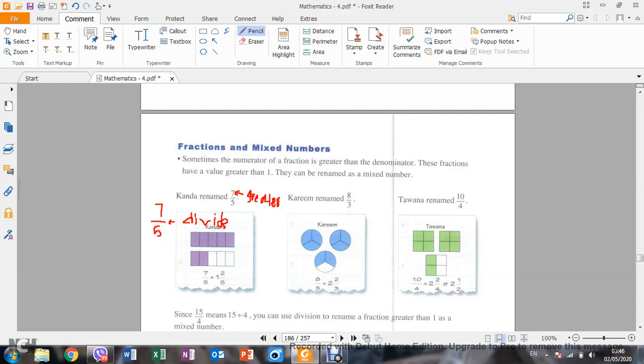When I tell you 7/5 means 7 divided by 5, at that time you need to use long division.